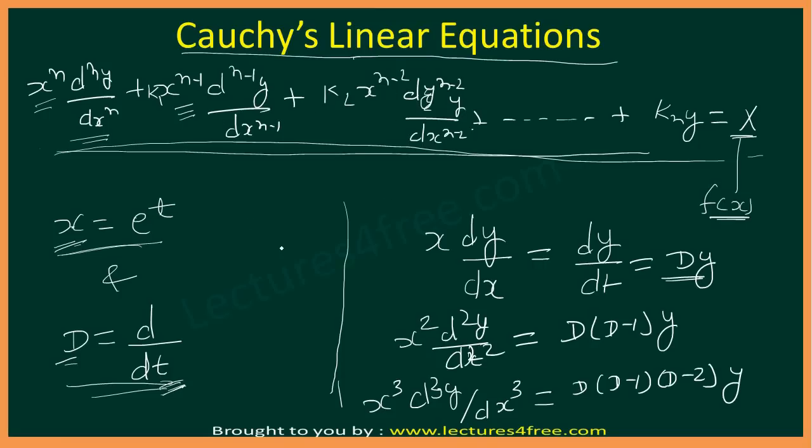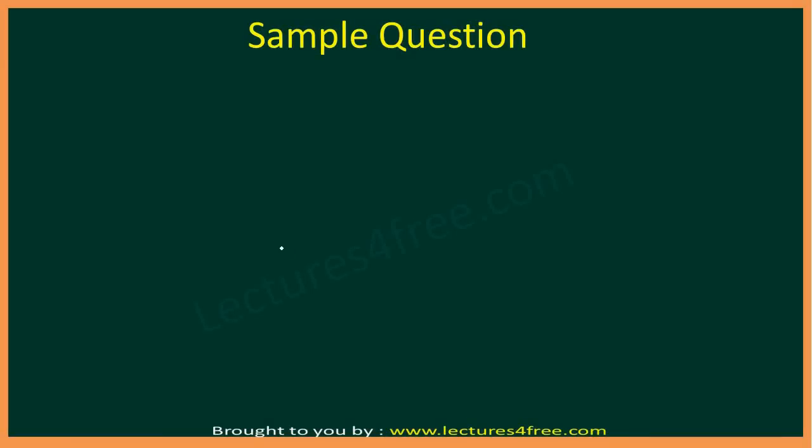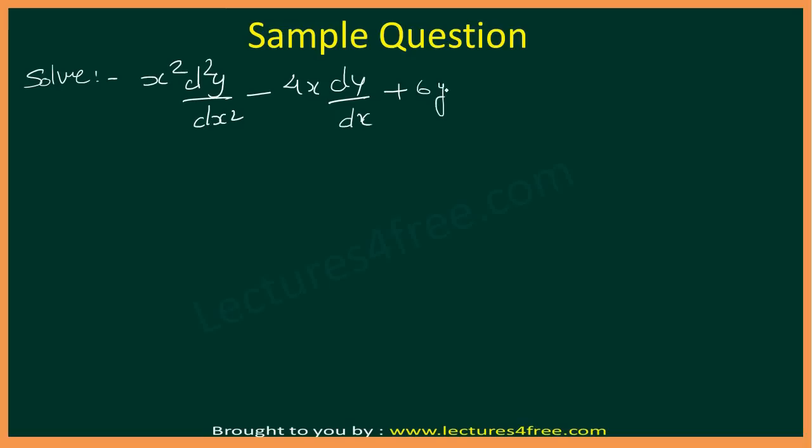Let's understand it with one example. Let's see one question. Our question is, let's suppose, solve x square d square y upon dx square minus 4x dy upon dx plus 6y is equal to x square.